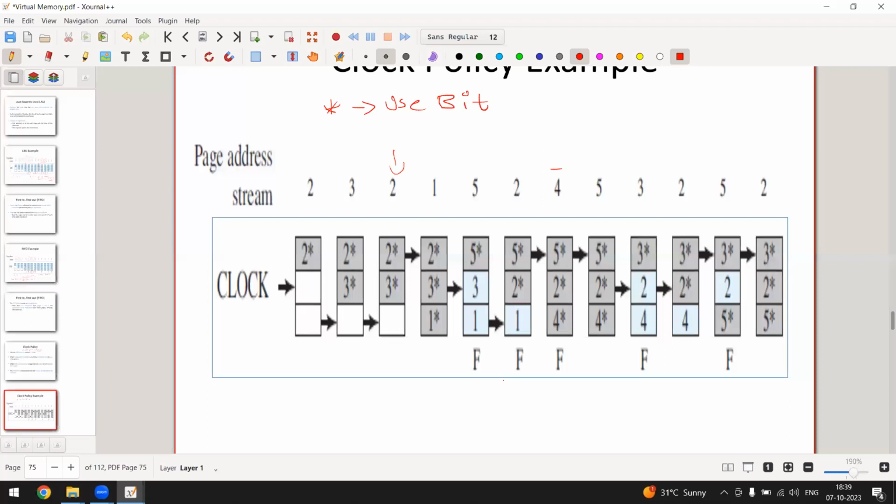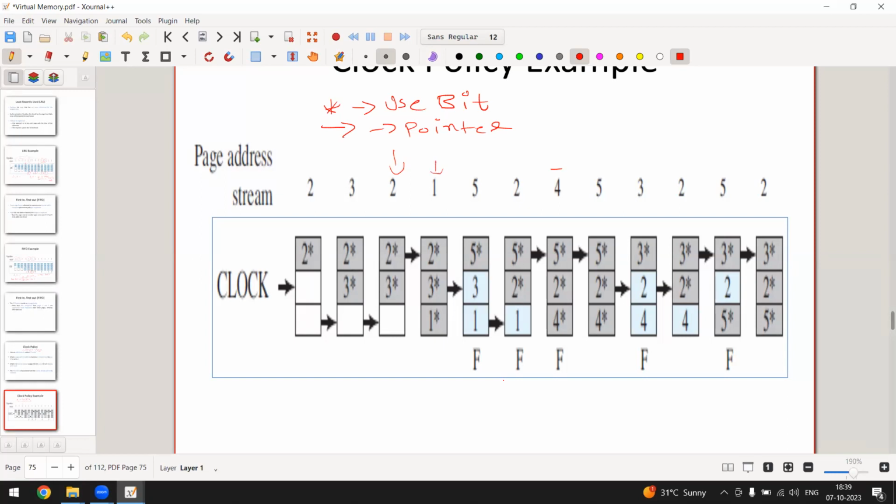There is a concept of a pointer because we have to traverse each frame one by one. Whichever frame you are setting, the pointer moves to the next frame. So till here, everything seems okay.